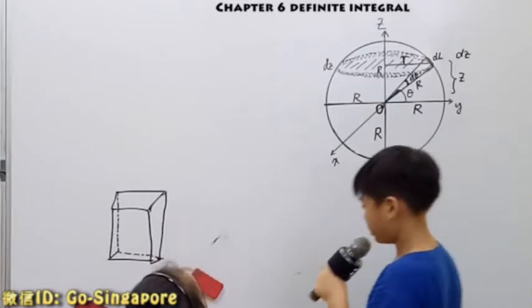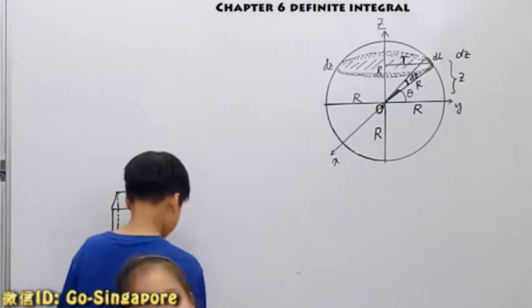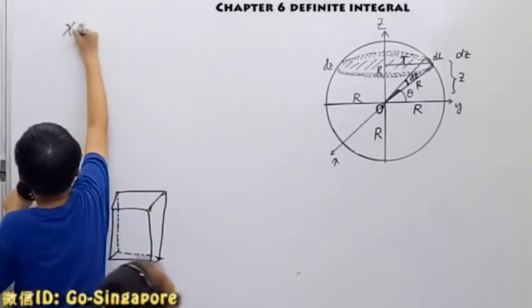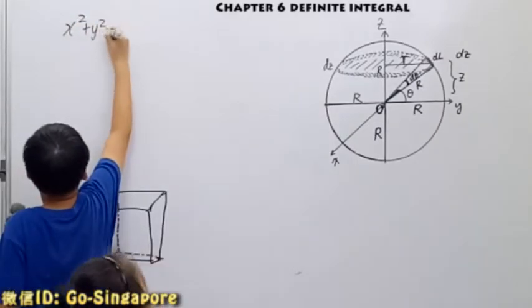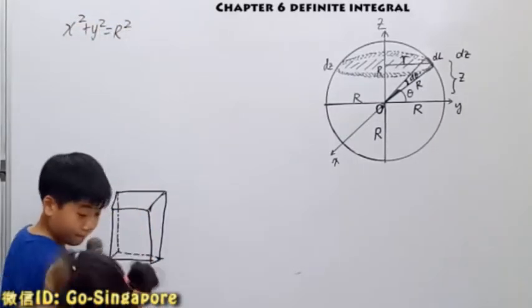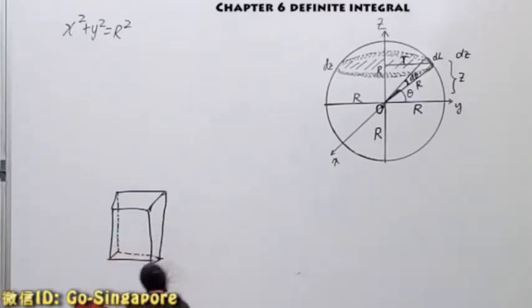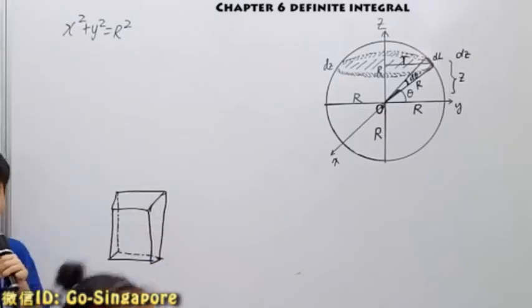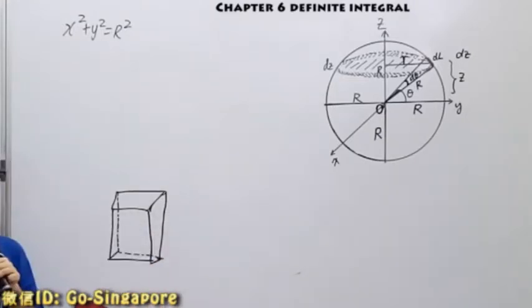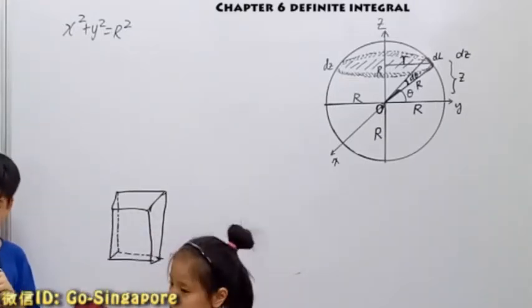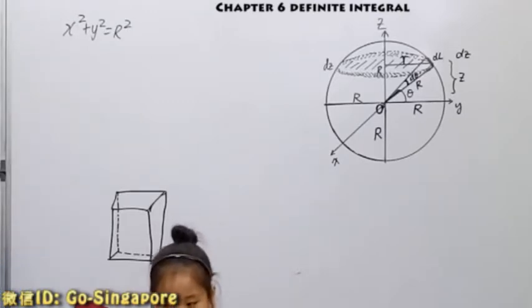Then what is this for? This is the area of the circle, the locus equation for the circle. We relate it to analytic geometry.